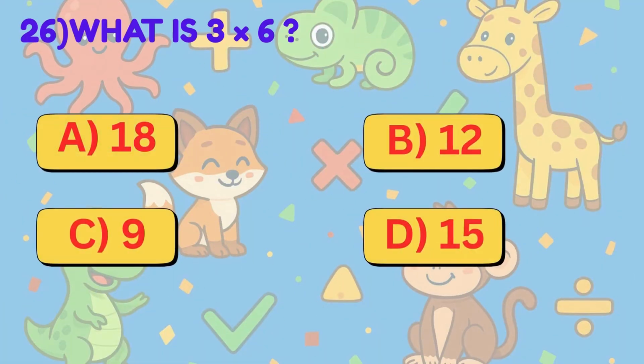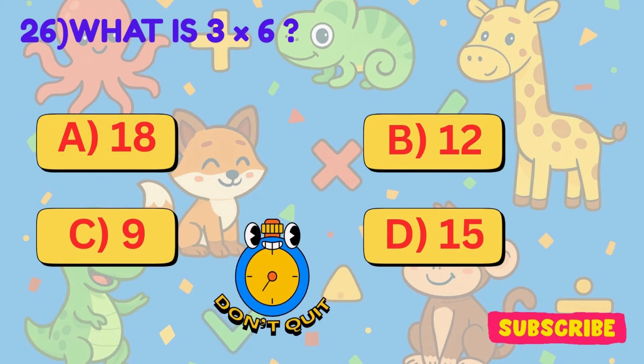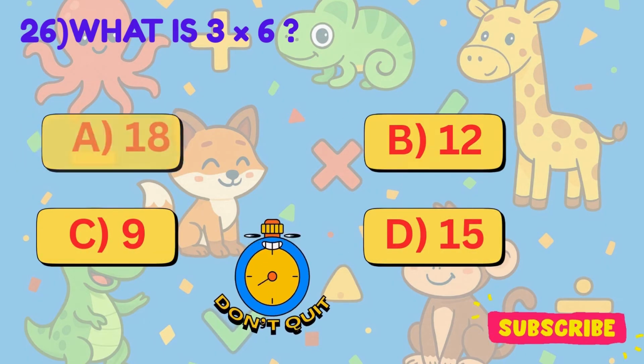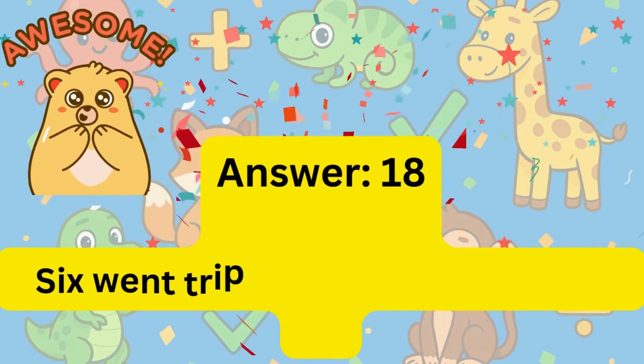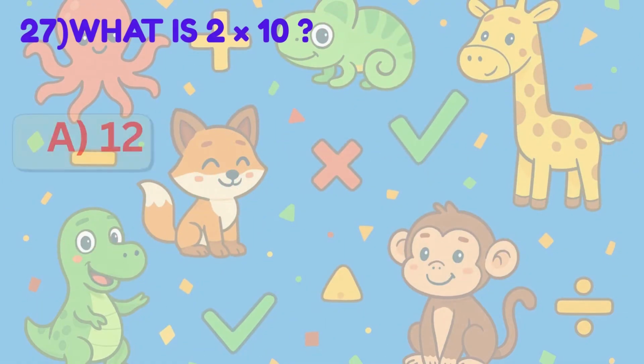What is 3 times 6? Is it A, 18, B, 12, C, 9, or D, 15? Correct answer is 18. 6 went triple mode and jumped to 18.